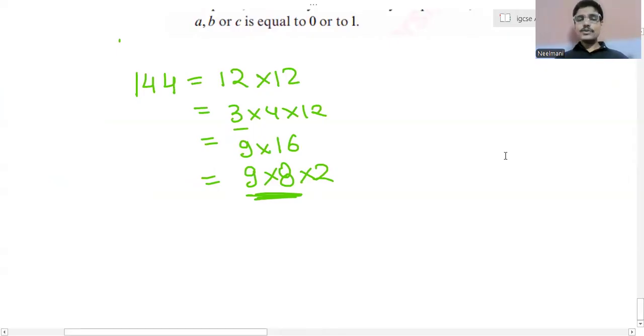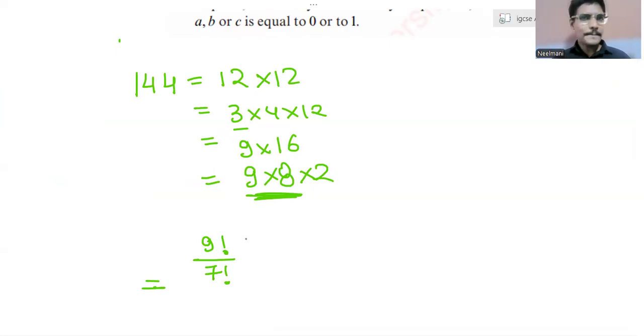So to find 9 into 8, what we do is actually take something like 9 factorial upon 7 factorial. Why 7? Because 9 factorial is 9 into 8 into 7 into 6 into 5 into 4 into 3 into 2 into 1. When I divide it by 7 factorial, we are stopping the factorial at 7 itself.